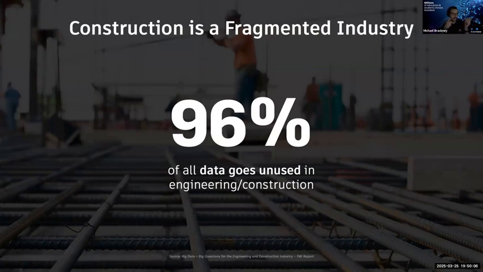This data point, 96% of all data goes unused, is from an FMI report, and it's really just saying we have all of this great, rich information, but we're not really using it, right? We could be using a lot of this information to iterate and understand what went well, what didn't go well, what could be improved.